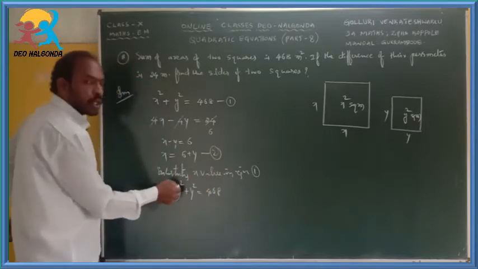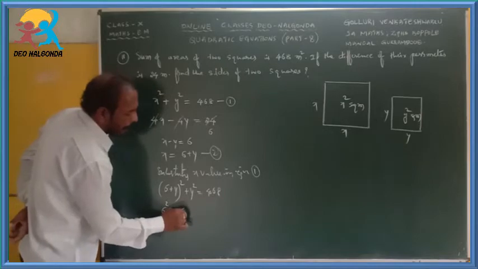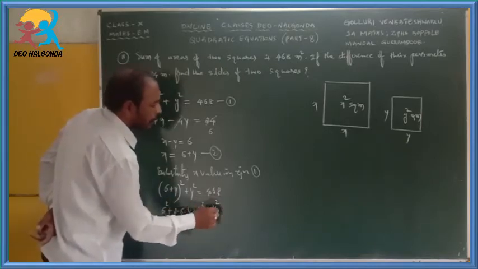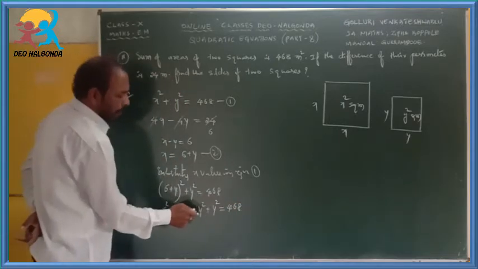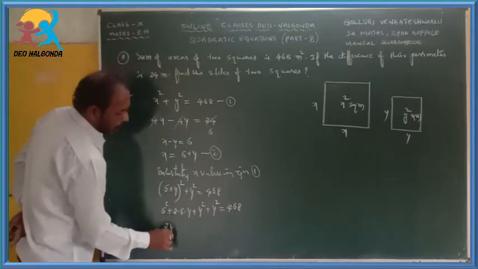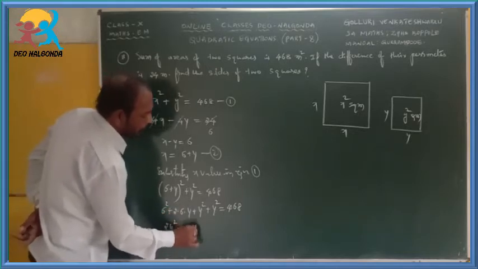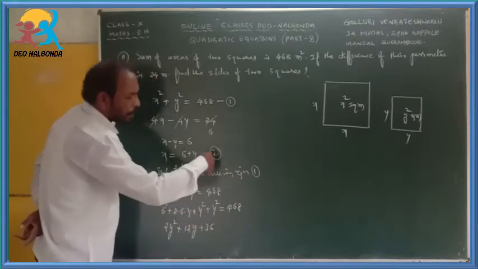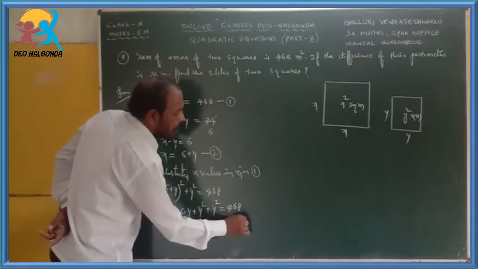According to the (a plus b) whole square expansion, a square plus 2ab plus b square, plus y square, is equal to 468. y square plus y square is 2y square, plus 2 sixes are 12y, plus 36. Transposing 468 gives minus 468 is equal to 0.